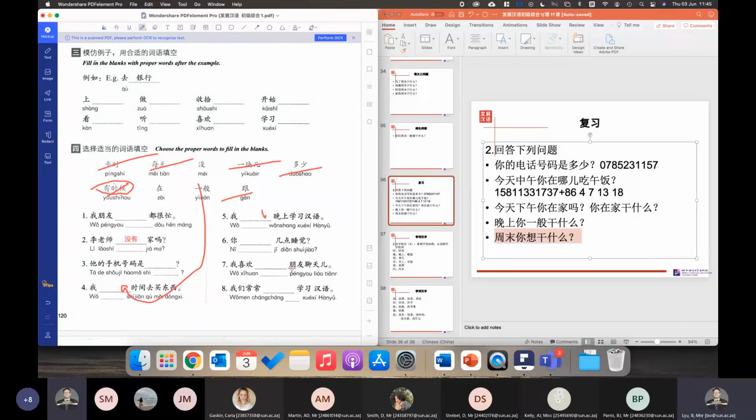我喜欢什么朋友聊天? 我喜欢跟朋友聊天。 跟朋友聊天, perfect. 我们常常学习汉语.